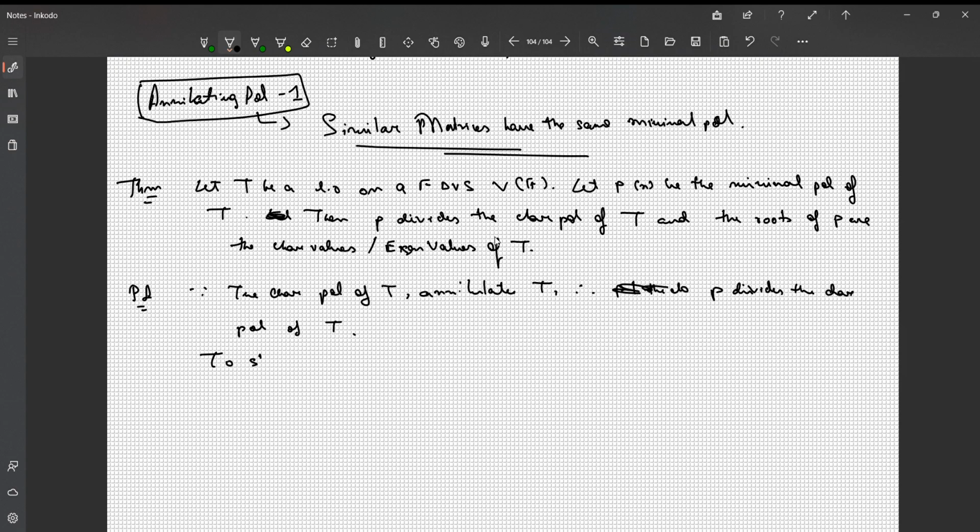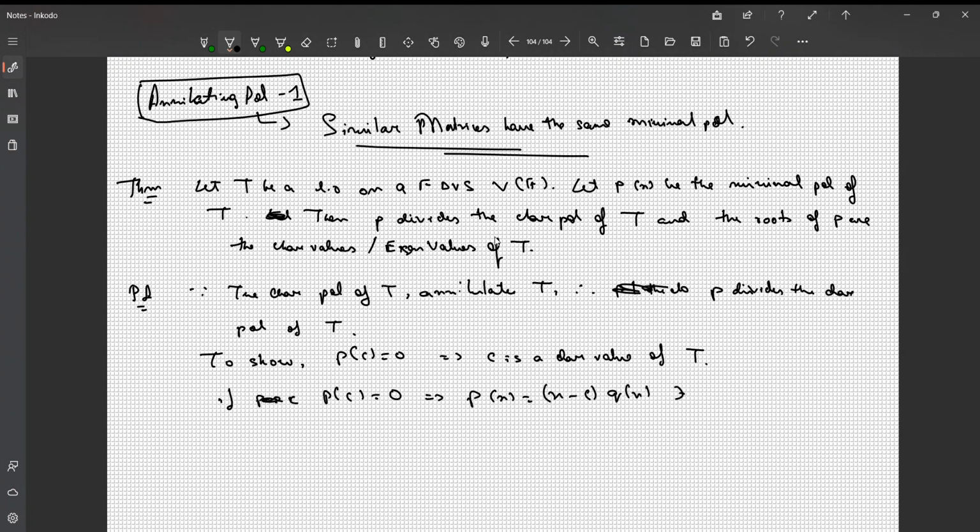Now to show that P(c) equal to 0 implies c is a characteristic value of T. If P(c) equals 0, then that implies we can write P(x) as the linear polynomial x minus c times a polynomial Q(x), such that the degree of Q is less than the degree of P, because the degree comes down by 1 by extracting out this linear factor, right?